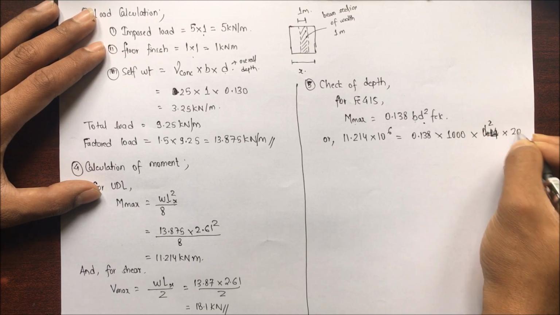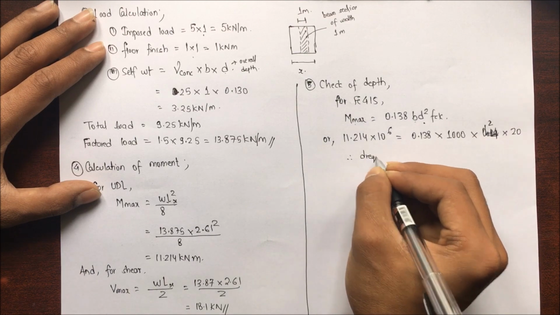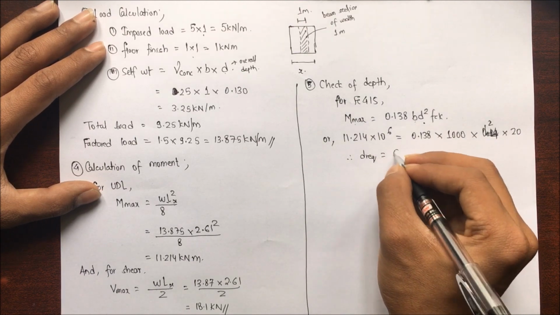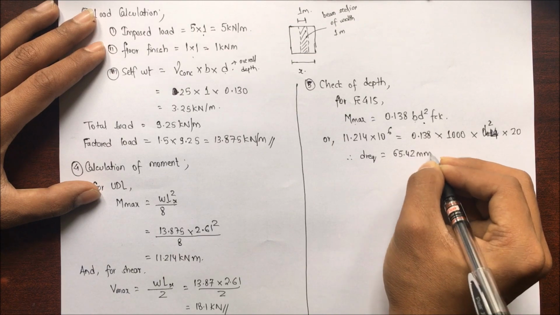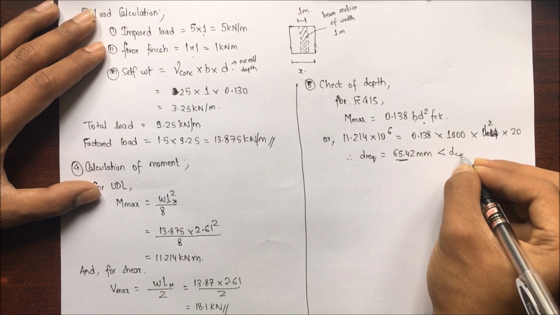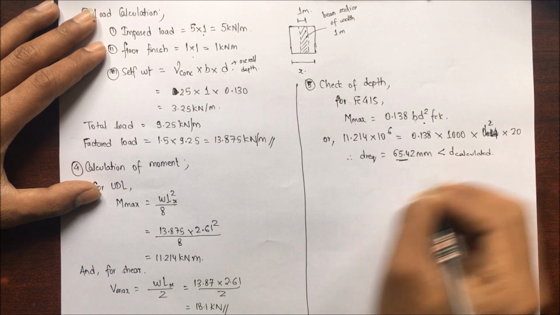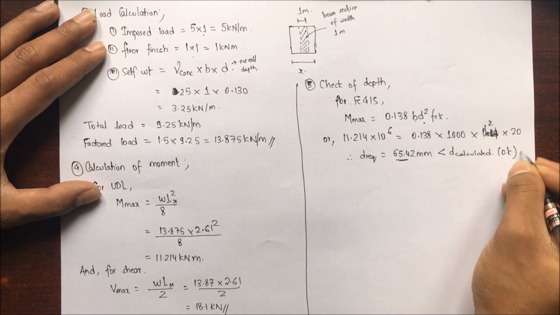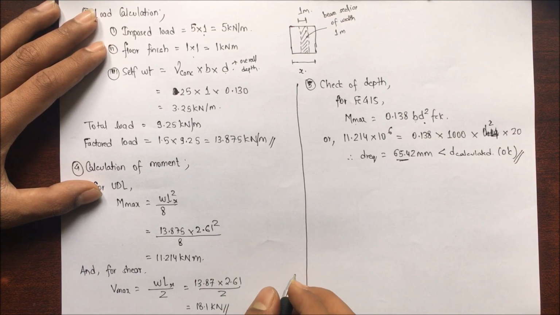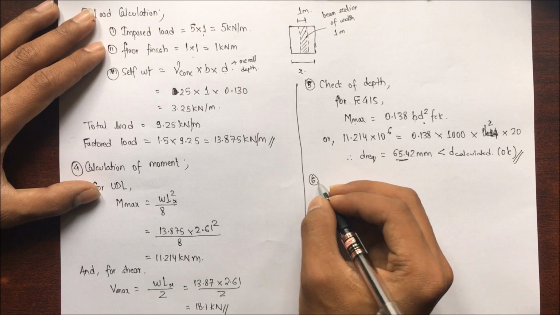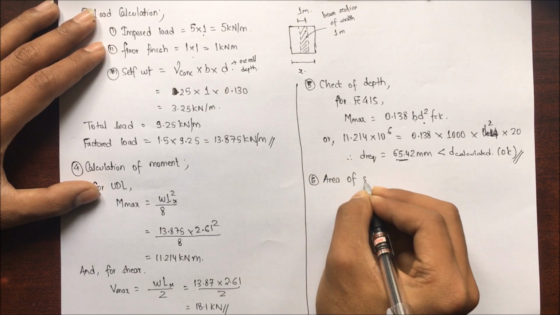Now on solving, we get the depth required as 65.42 mm. So we have provided 110, which is greater than D calculated, hence the depth taken is okay, 110 is safe.